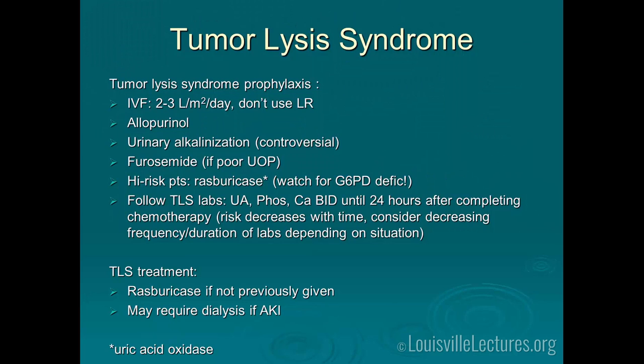Usually 3 to 4 days into a regimen, you've probably achieved the bulk of your rapid tumor kill, and you can check the labs less frequently or stop checking the tumor lysis labs. In patients who actually develop tumor lysis syndrome, rasburicase may be indicated if the uric acid is high enough, and they may require dialysis if they go into renal failure. Patients who have tumor lysis syndrome and renal failure have a high mortality risk.